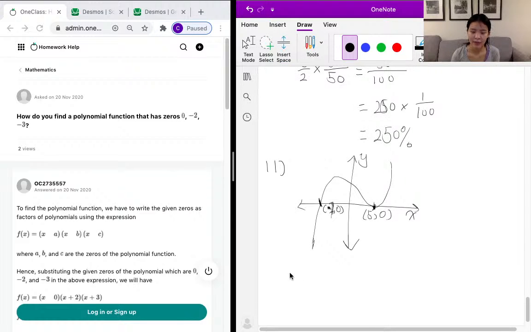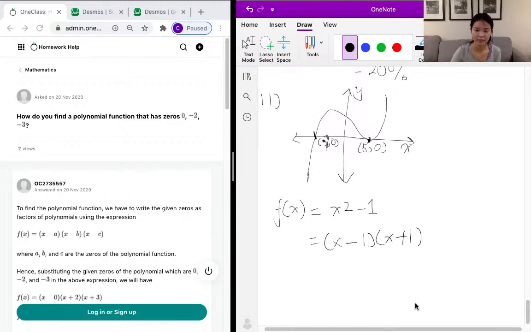Okay, now let's look at a separate function. Let's just say there's a function of x that equals x squared minus 1. And we just need to factor it. I'll just do it quickly for you. Once you factor it, that function would be x minus 1 and x plus 1.